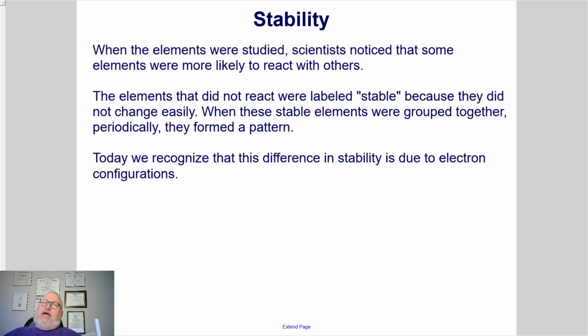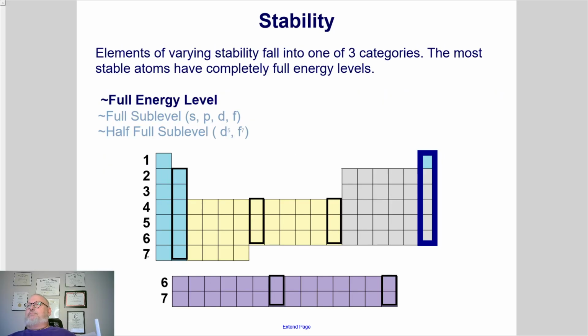Now let's talk real quick about stability. Elements want to be stable. Some are more reactive than others. The ones that are not reactive, we call those stable. They don't change easily. When you group them together, you see a pattern in the periodic table. Number 1, if you've got a full energy level, i.e. the inert gases, noble gases, they're happy, very stable.